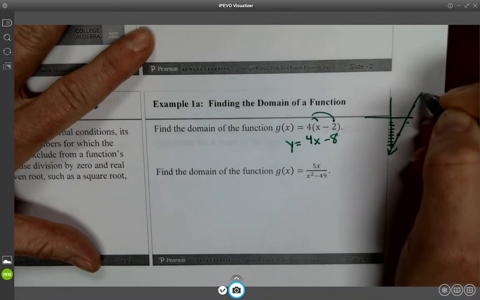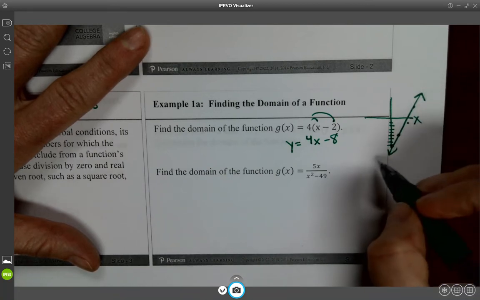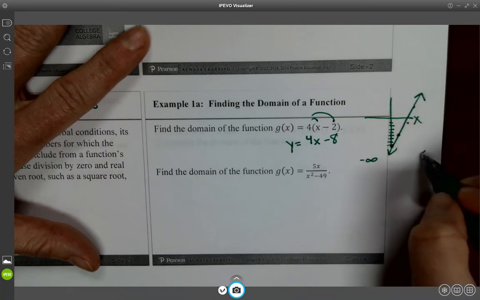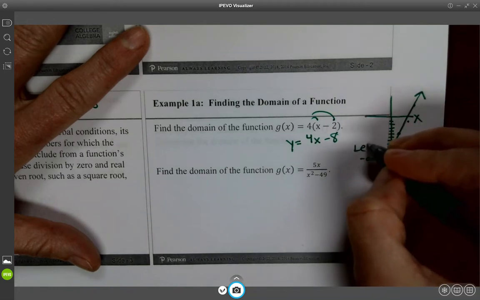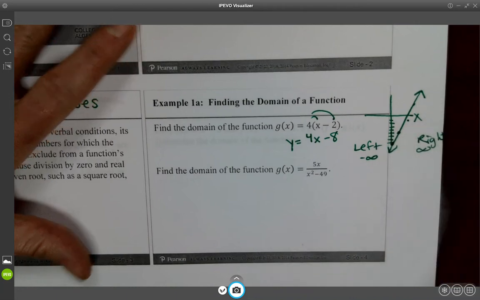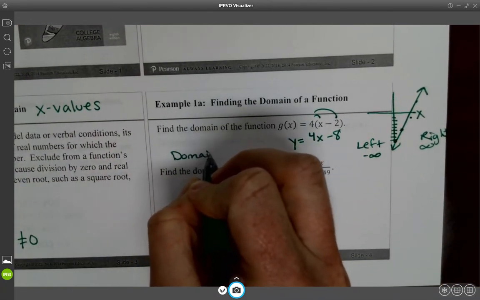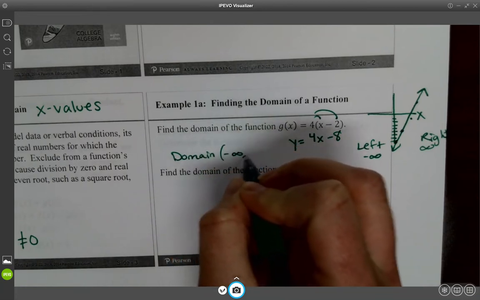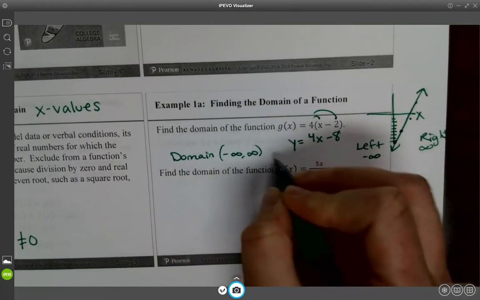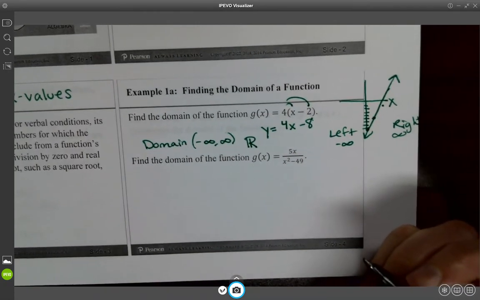So it's a straight line, it's linear. So our domain is our x values. It's going to go to negative infinity and positive infinity, from left to right. So that means your domain is negative infinity to positive infinity, or you can write it as all real numbers, the R with the extra line.